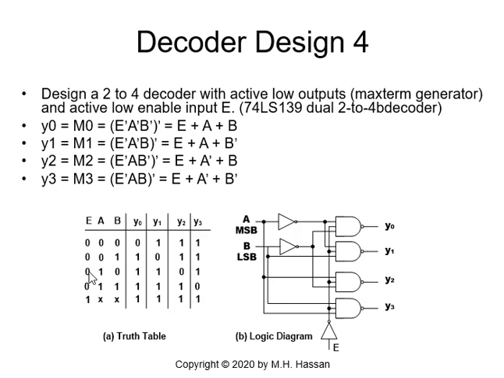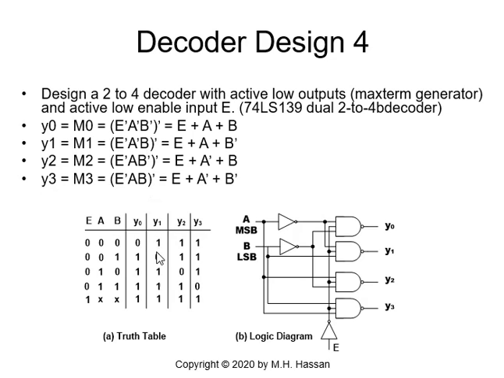But if the enable is zero, how do we read Y0? Y0 will be 0, 1, 1, 1. So Y0 will be the max term 0, which is E or A or B. Or it is E prime, A prime, B prime, all prime, which is the complement of the min term, the max term.